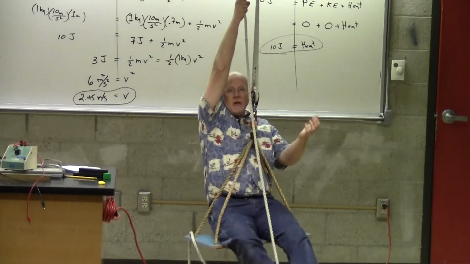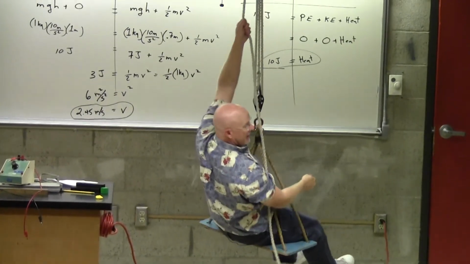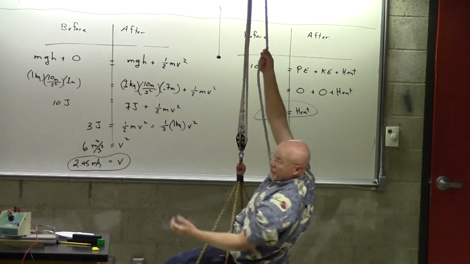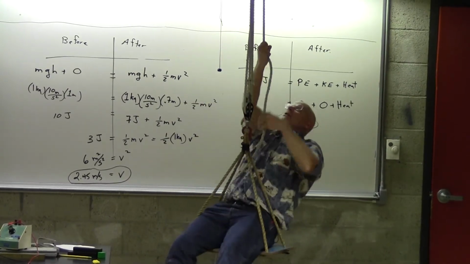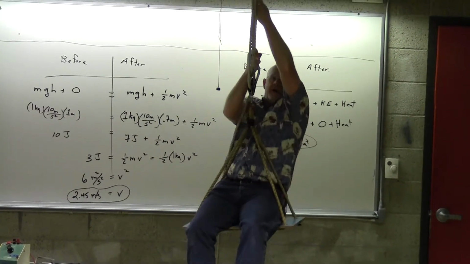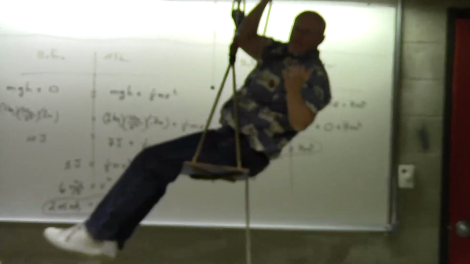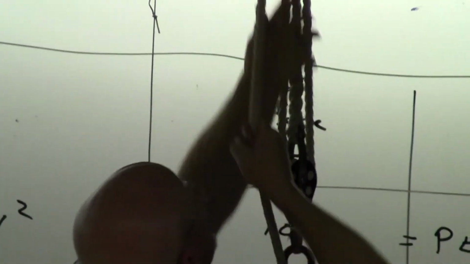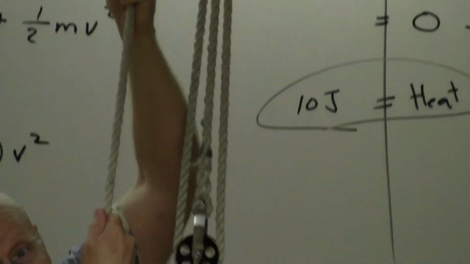Okay, so if I come back to here and put myself in the chair, I want you to see that I could actually lift myself up with one hand. It doesn't take much force at all to lift me up. It's actually really easy. But you will also hopefully see that I pulled the rope a lot further.